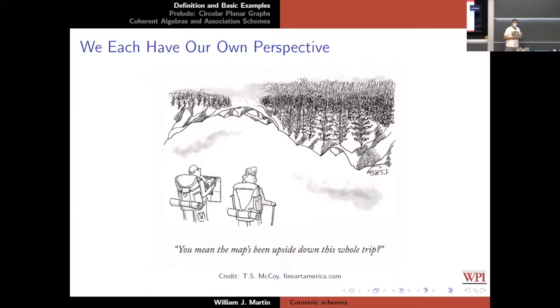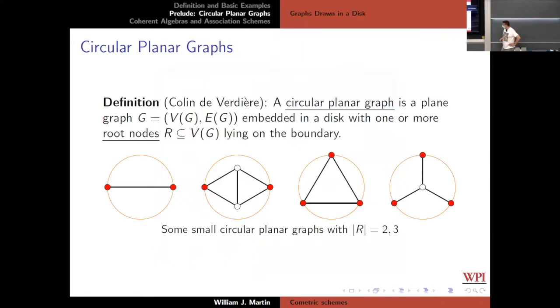Then, in order to prove any of the basic theory, it turned out that we needed these tensors that showed up in earlier work of Deinmeier and Terwilliger, Suzuki, Dickey, and so we're finishing the week talking about those tensors called scaffolds. So before I do that, I want to tell you about these circular planar graphs.